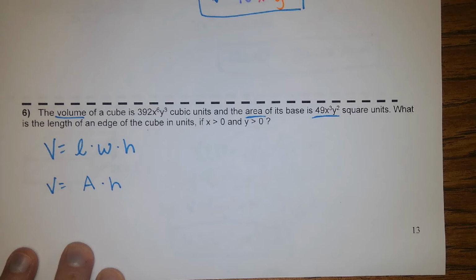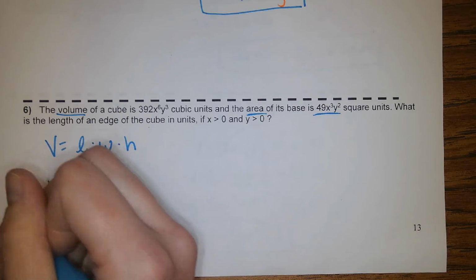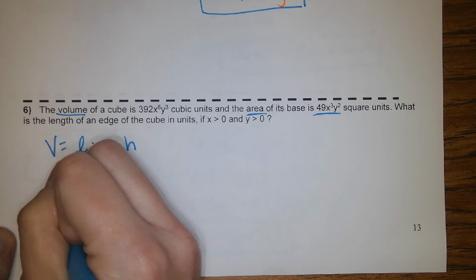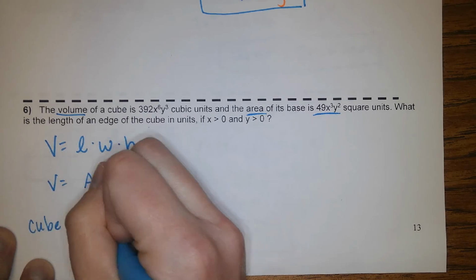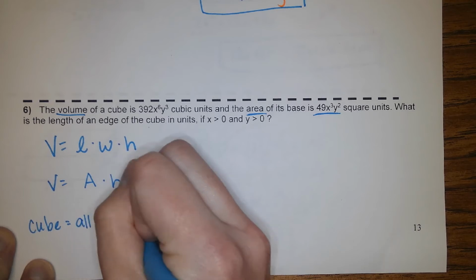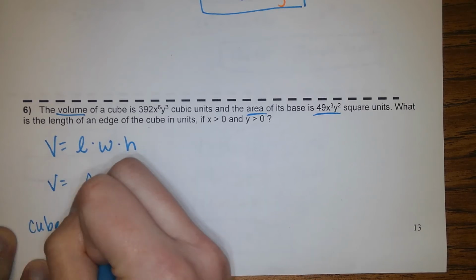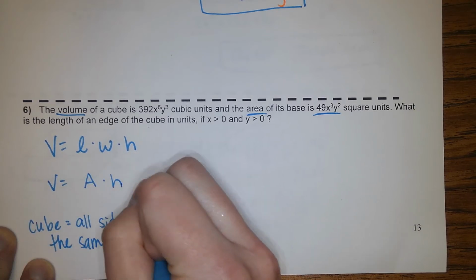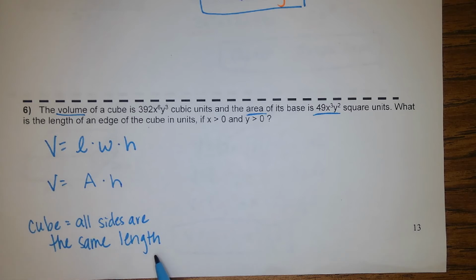Or area times length, or whatever it is, right? And so we have our height. And in a cube, remember, all the sides are the same. So in a cube, all the sides are the same length. So we just need to find one of them.